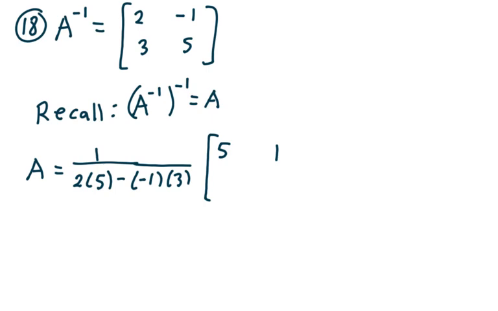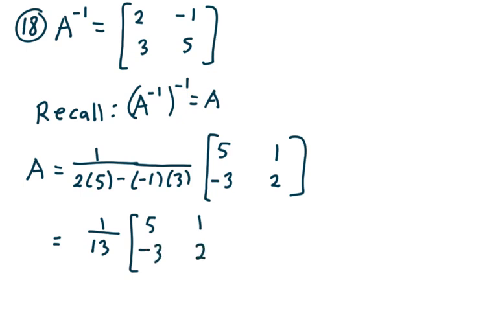And then that's the first row. In the second row, I put negative 3, 2. From here, this is 1/13 times the matrix 5, 1, negative 3, 2.